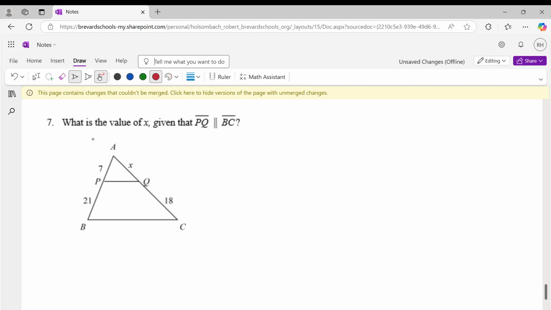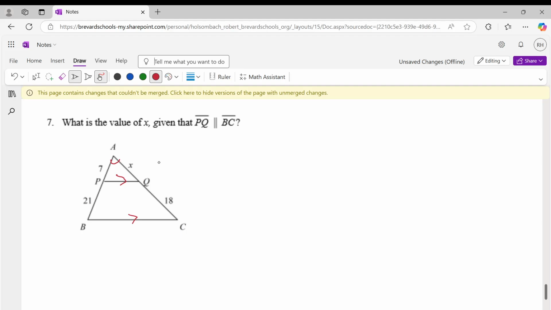Problem number 7. What is the value of x given PQ is parallel to BC? We're going to do the same. We're going to use similar triangles again because angle A is in both triangles.